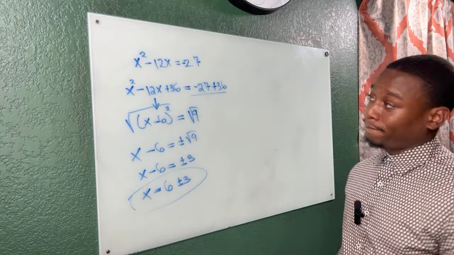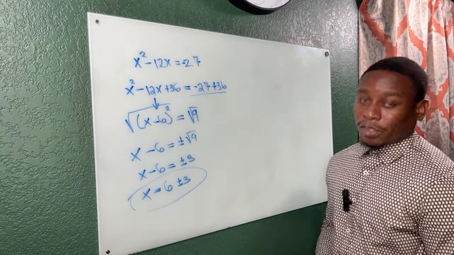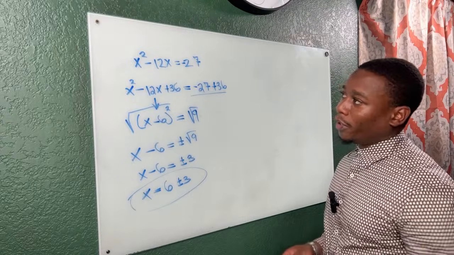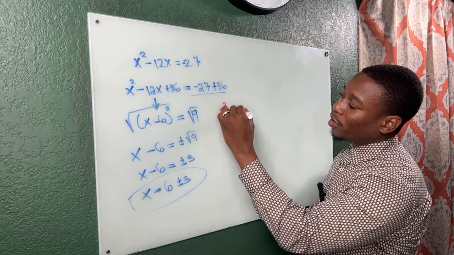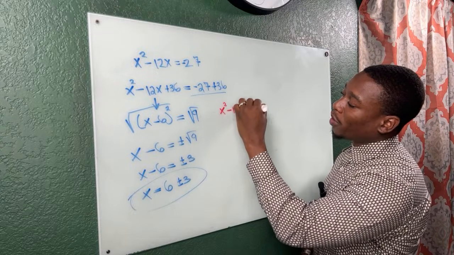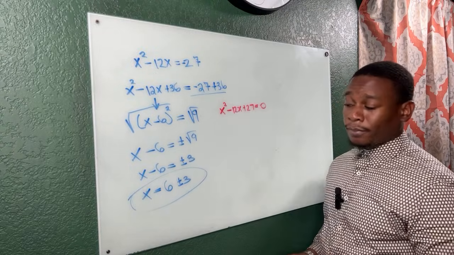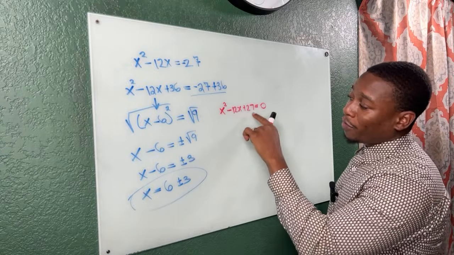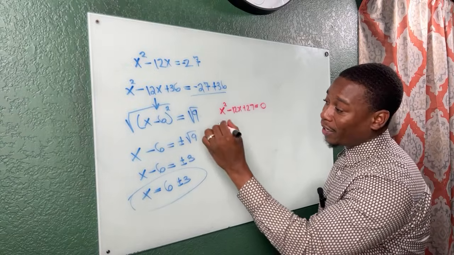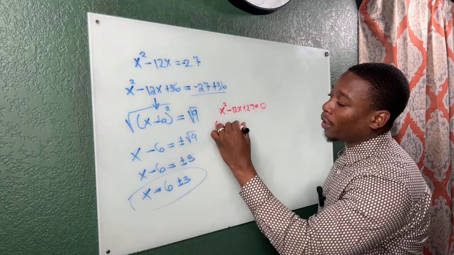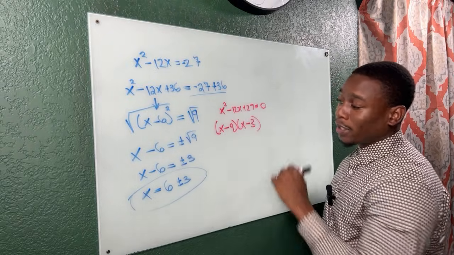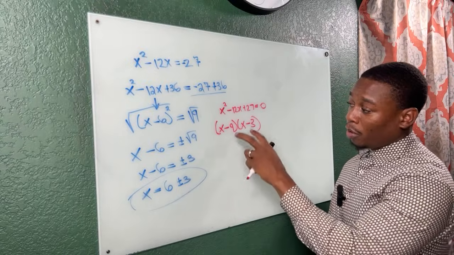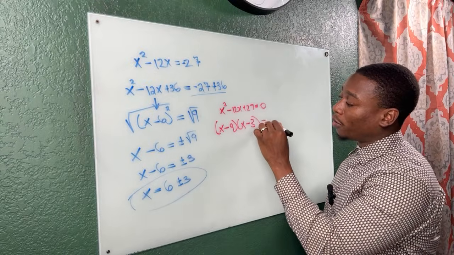But if it was me, this is how I'd solve this, because we don't need to do all that. Add 27 on both sides: x squared minus 12x plus 27 equals 0. They have to multiply to give me 27 and add to give me 12. (x minus 9)(x minus 3). 9 times 3 is positive 27, and when we add them, that's going to give us 12.